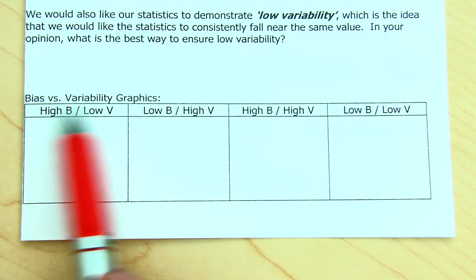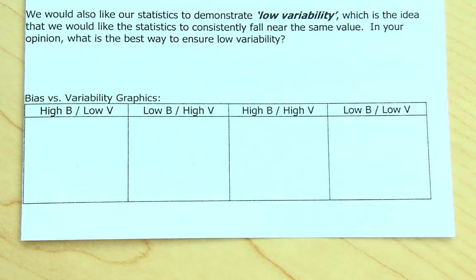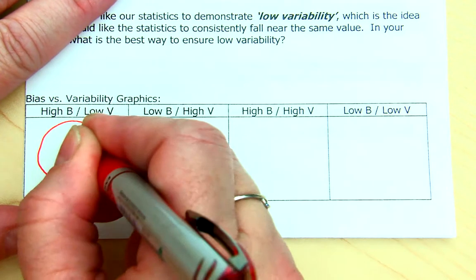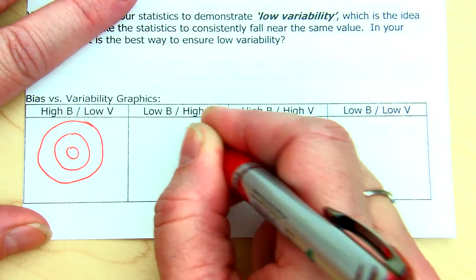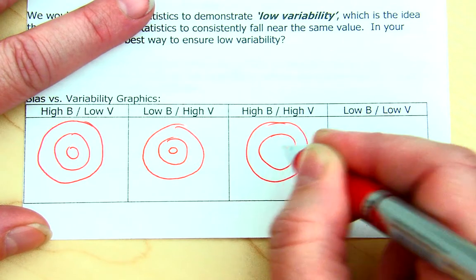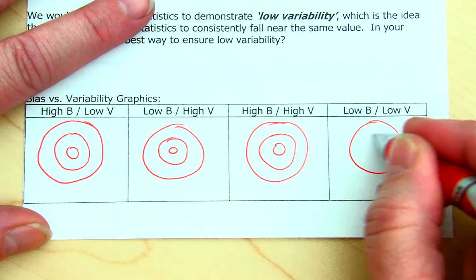When we're talking about bias and variability, the way that makes sense to me is to think of it like target practicing. So if you've ever looked at archery or going to a gun range and you're shooting at a target, I'm going to draw a target for each of these. And we're going to look at what each of these means in terms of target practice.